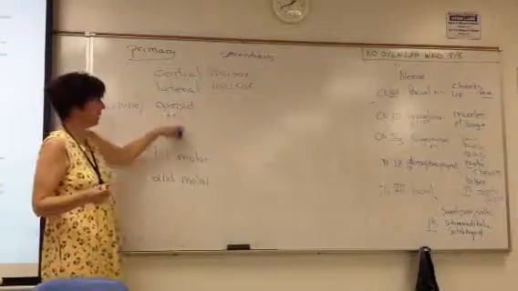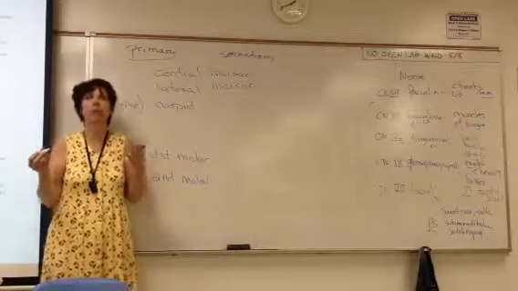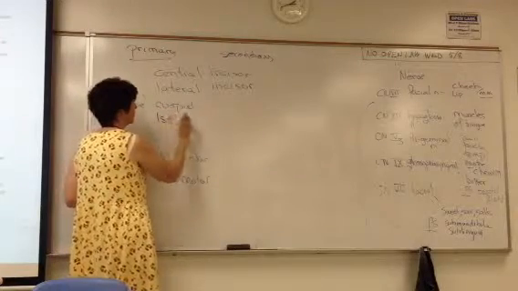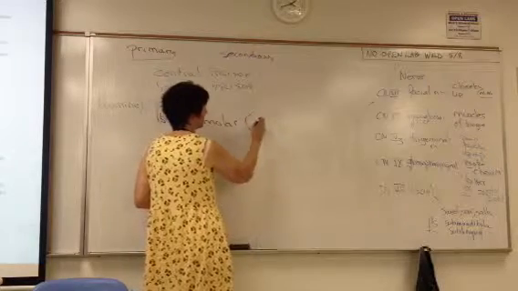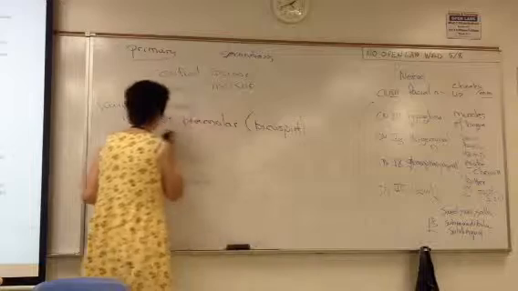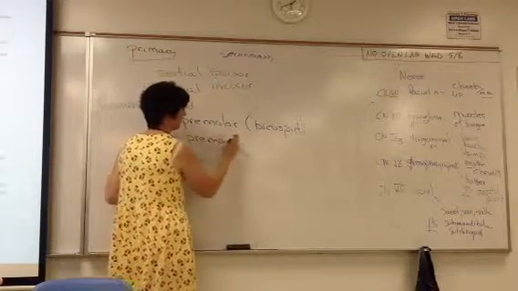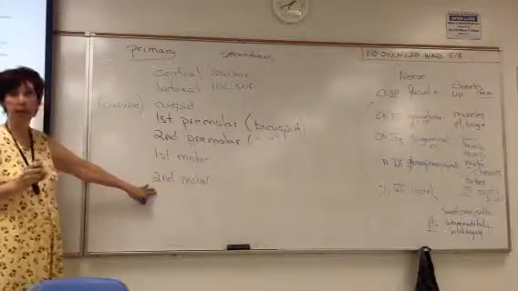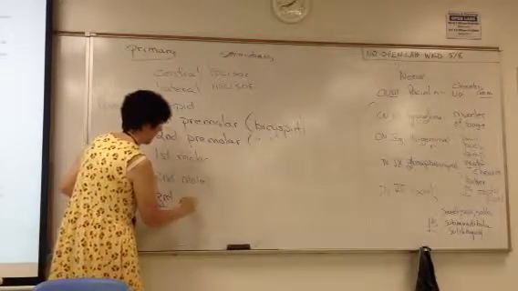Between the cuspid and first molar, we get first and second bicuspid, or a more modern term is premolar. I don't care which ones you use. And then the third molar, which is commonly known as the wisdom tooth.